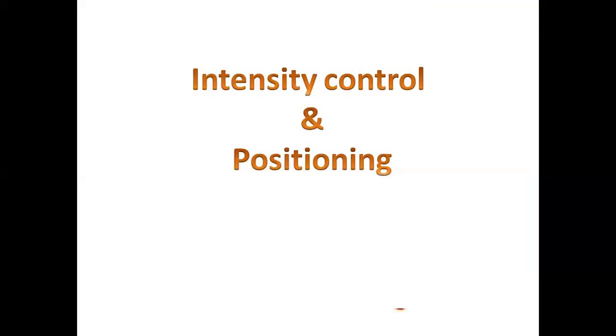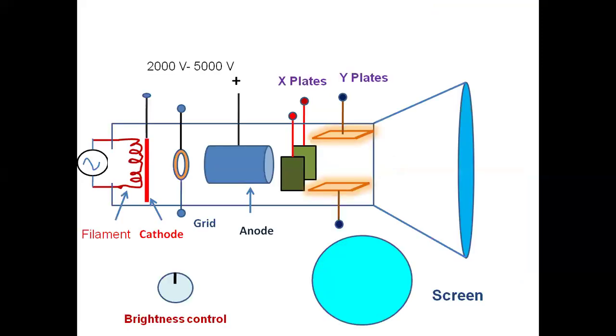Now, intensity control and positioning. In the previous video, I will include the link in the description box, we studied about the diagram of CRO and basic functioning, how the electrons are emitted from the cathode by means of heating it.